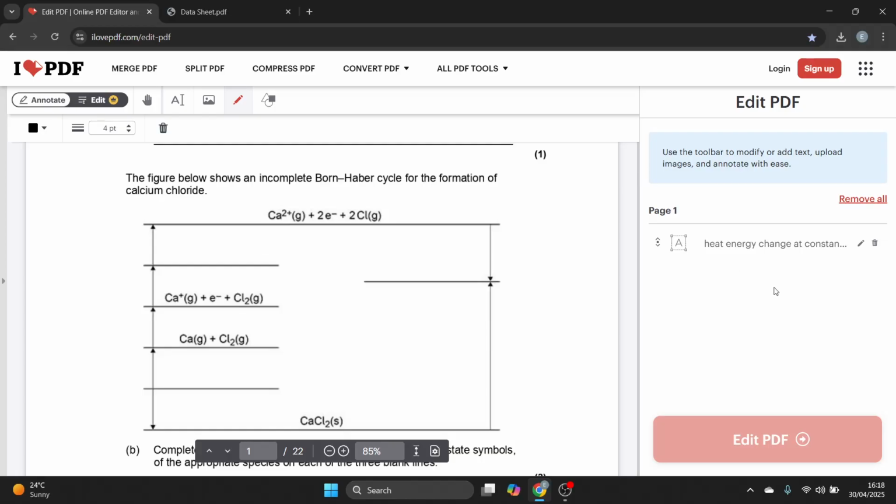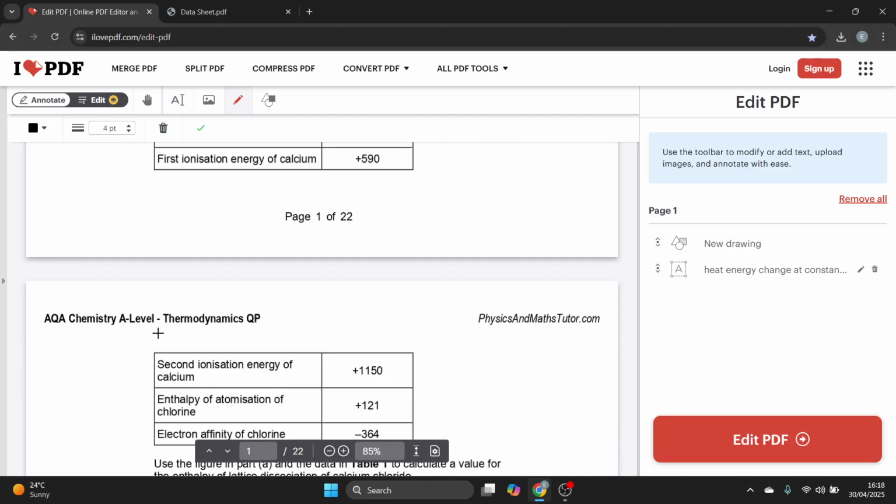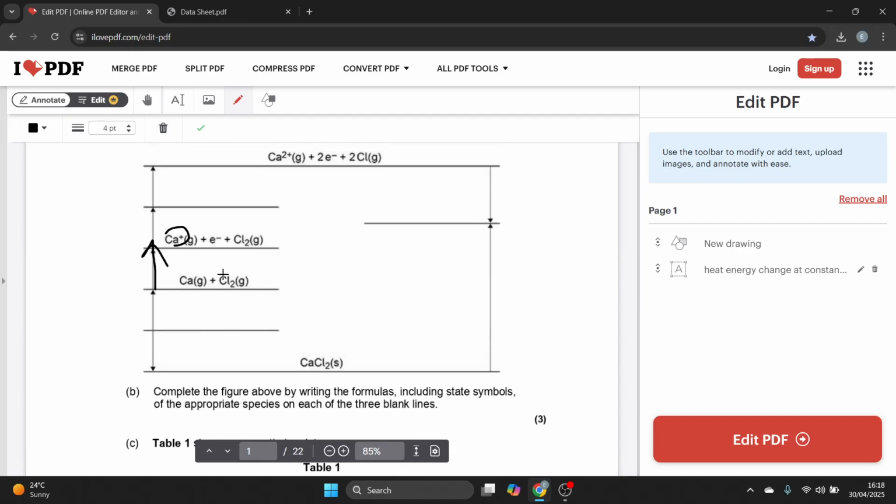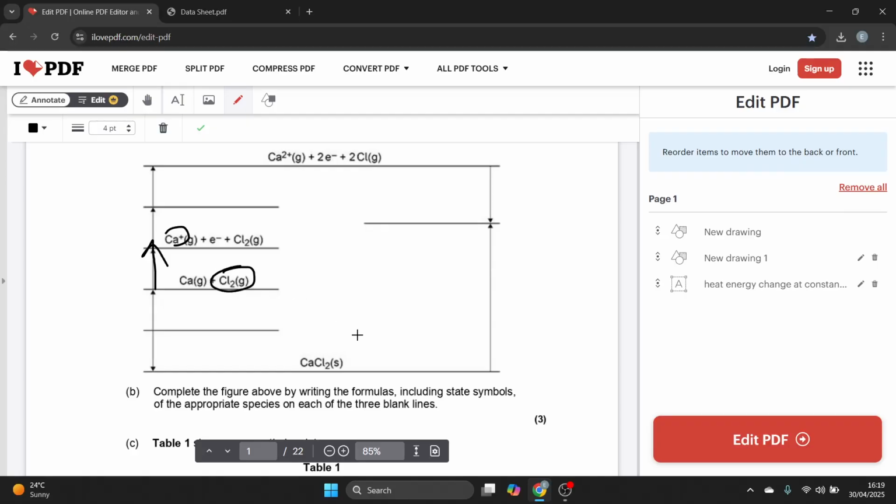Okay, so I've got this, and that's the first ionization energy of calcium. It's got to be atomization of calcium then, because I can see chlorine is still the same.